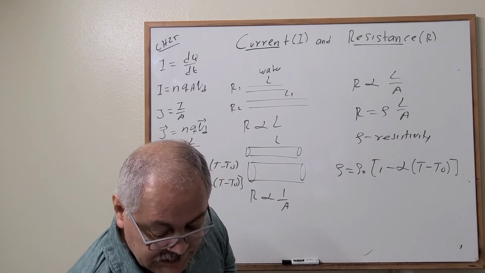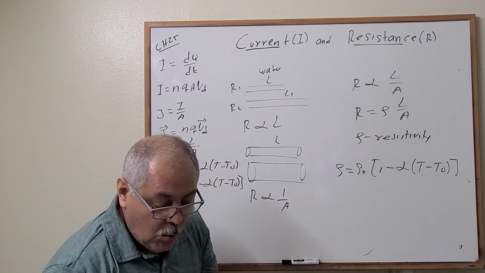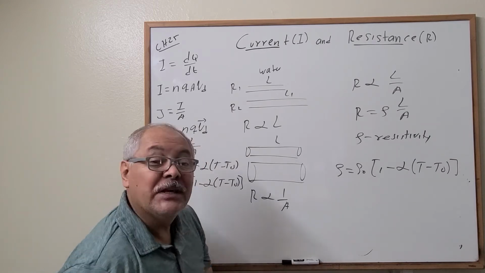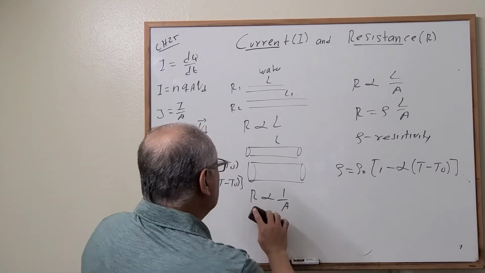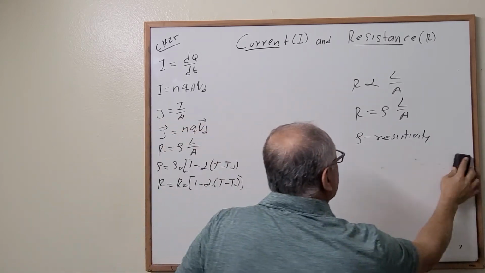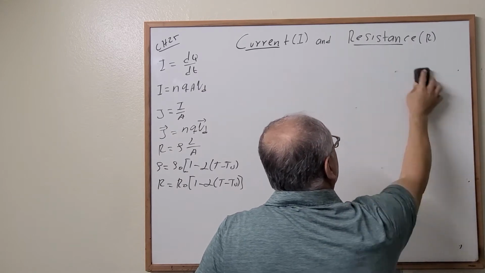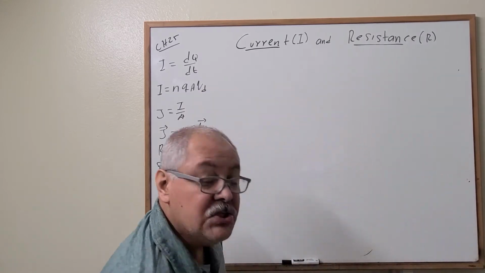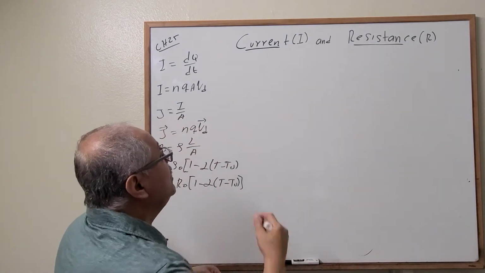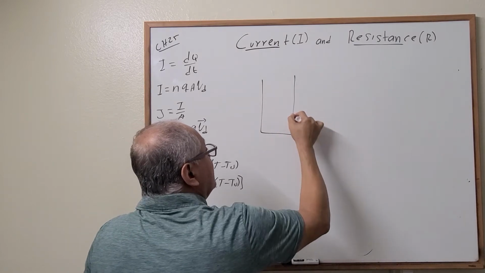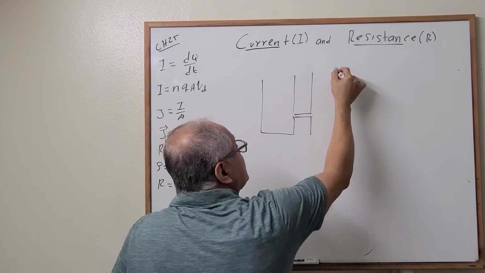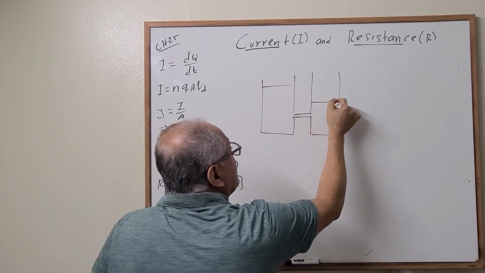Now let's see what happens when we are dealing with potential energy. When we deal with potential energy and relate this to current, this is similar to having water. You have water in a container, and we connect these two containers, which are at different pressure.